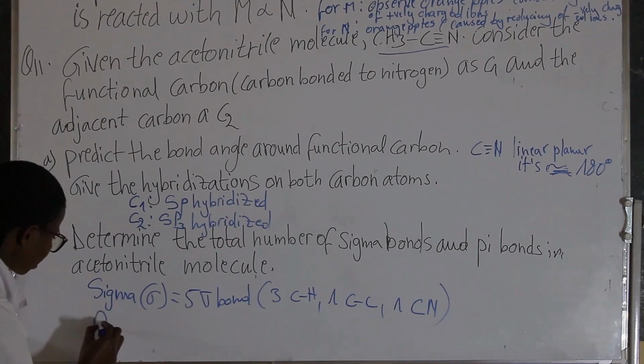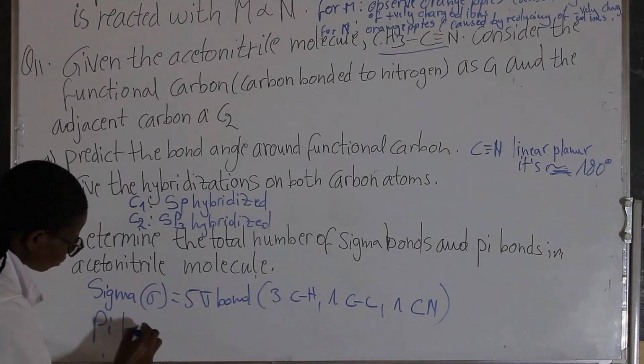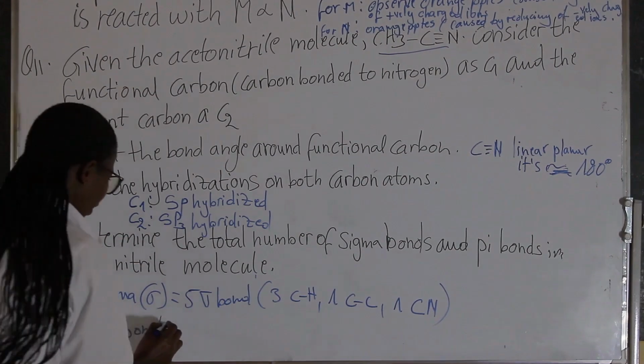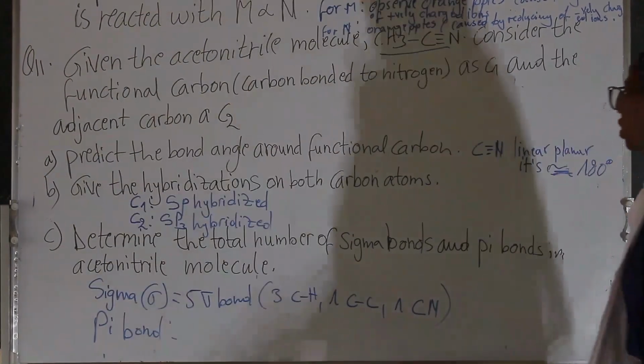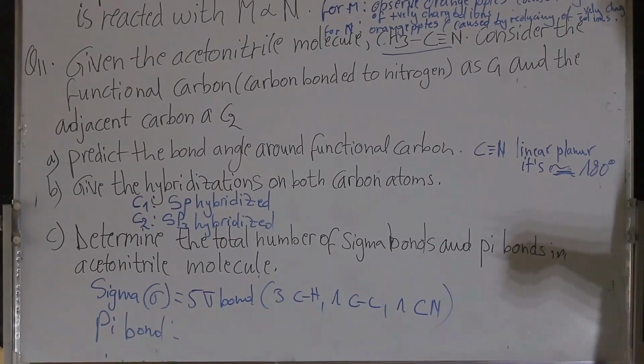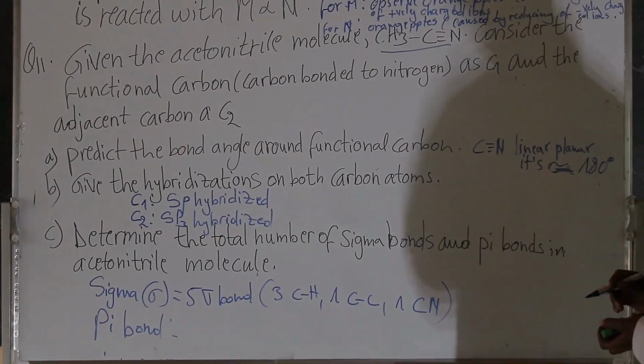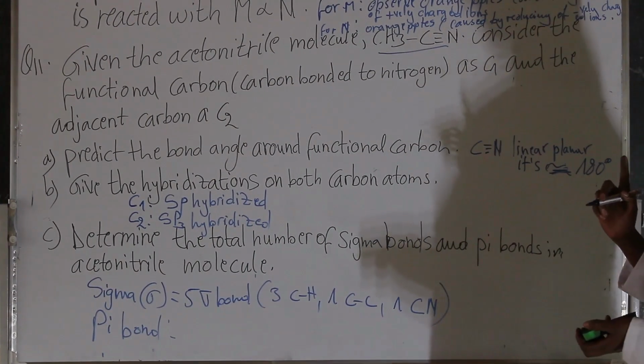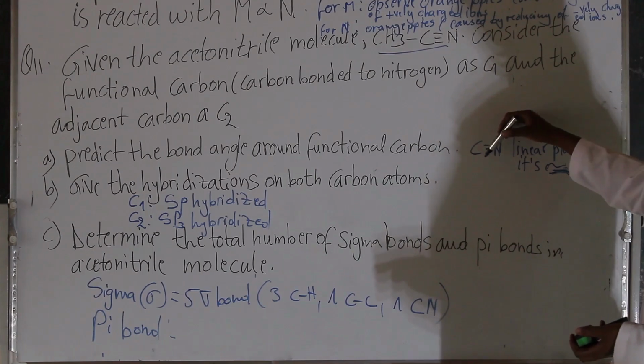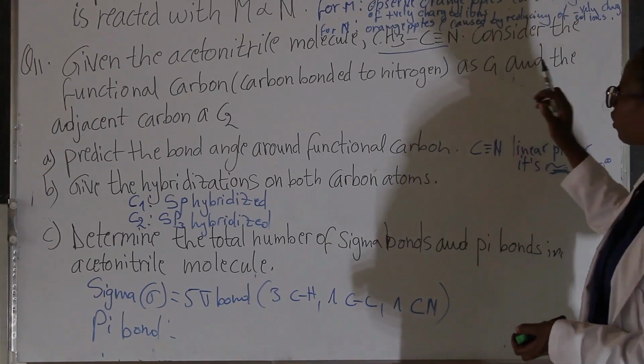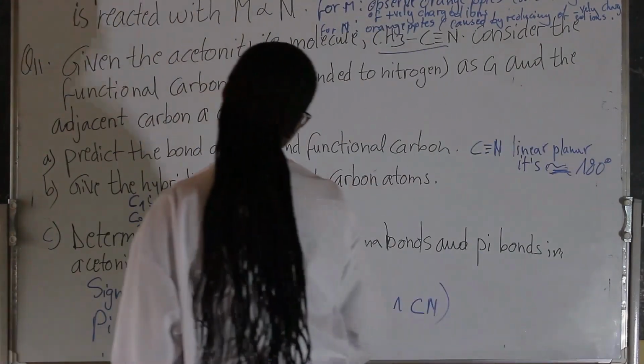For pi bonds, how many pi bonds do we have? We have 2 pi bonds. We have one from this triple bond, and one from this other bond.